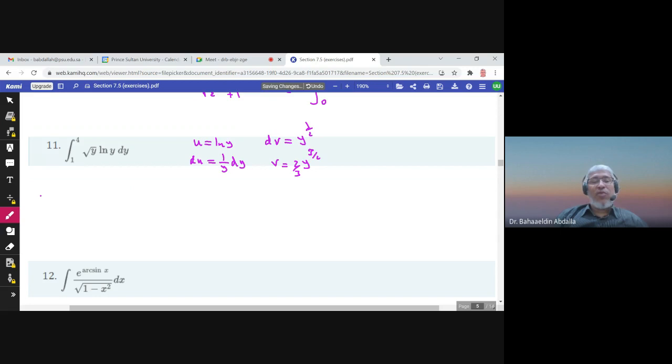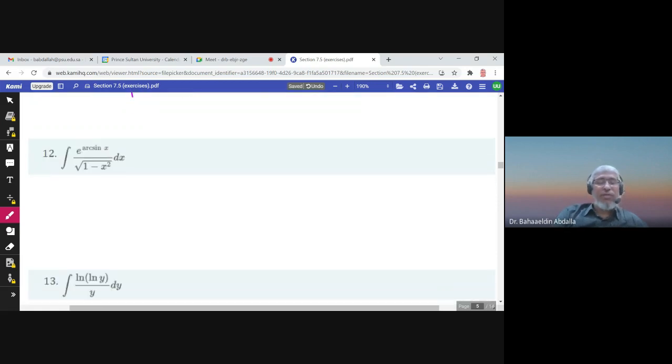So the integral would be u times v from 1 to 4, minus the integral from 1 to 4 of v du. 2 over 3, you can take it outside, and y to the power 3 over 2 over y is just y to the power half, and I can continue easily.